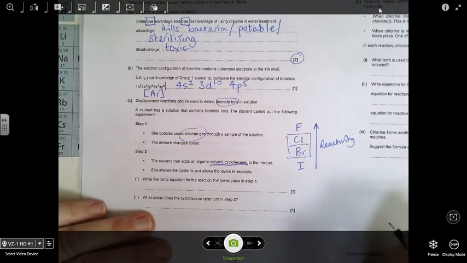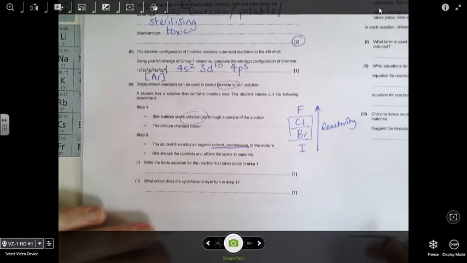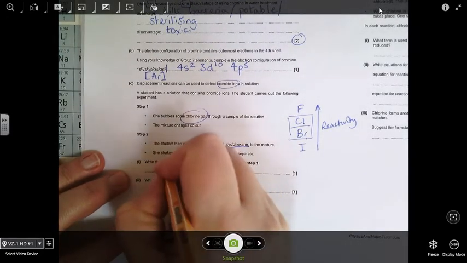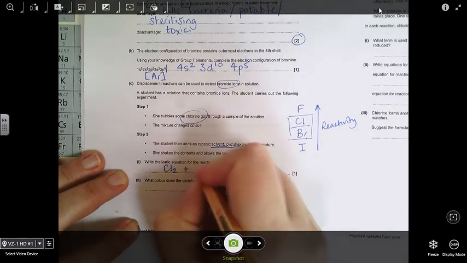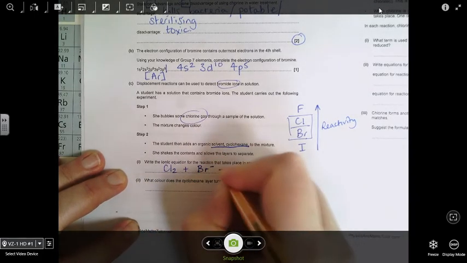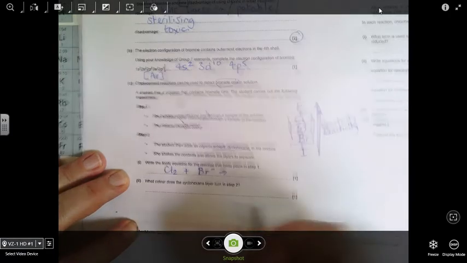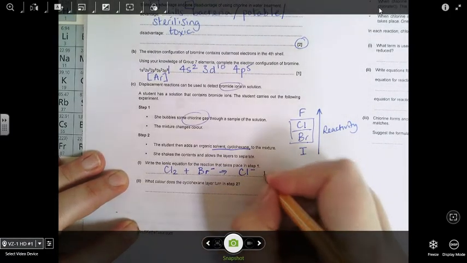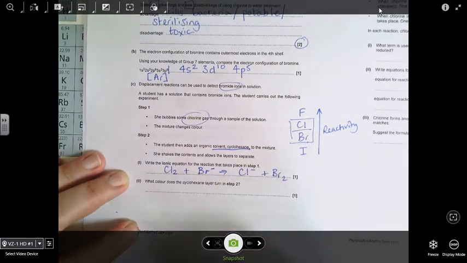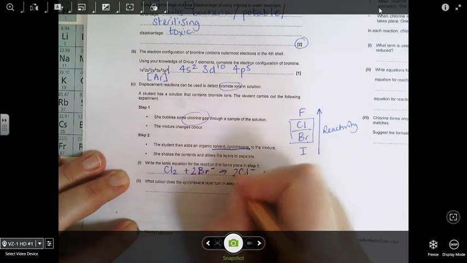So in step 1 we've got chlorine gas, so Cl2, being reacted with the solution that contains bromide ions, but because it will be displaced, chlorine will form its ions, and then you get Br2 as well. To balance it, get that.